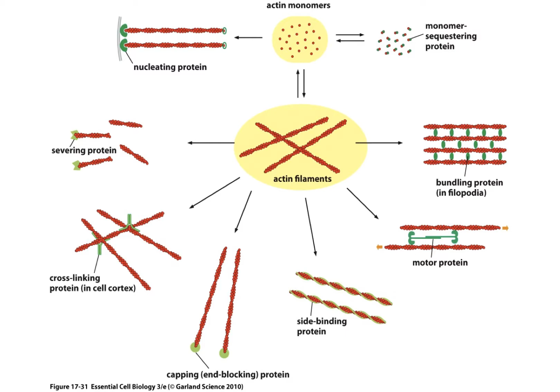So myosin and actin both are involved in many, many cellular processes in the cytoskeleton of cells. Also, there's one other here, the bundling protein, which makes extensions of the cell membrane that are called filopodia, that is small feet that go out from a eukaryotic cell to then attach.